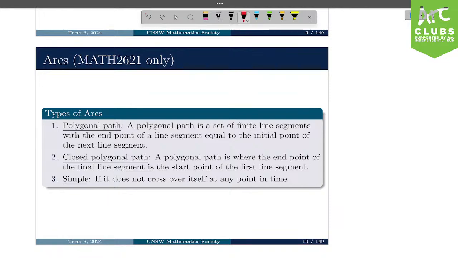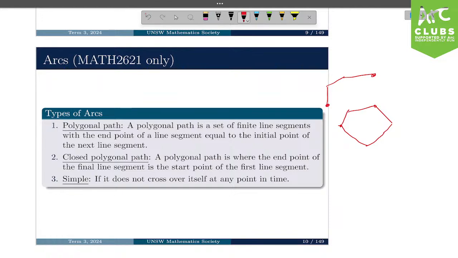So a polygonal path is just some path from one point to another, composed of lots of different line segments. And a closed polygonal path is any polygonal path that ends up back at its starting point.